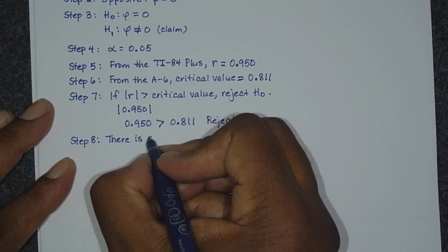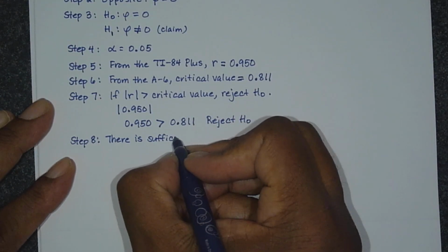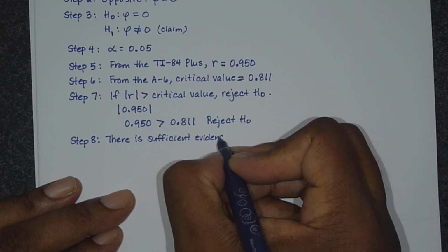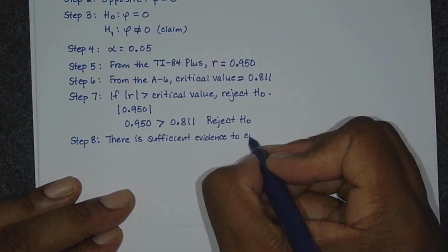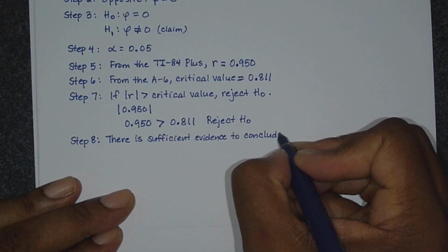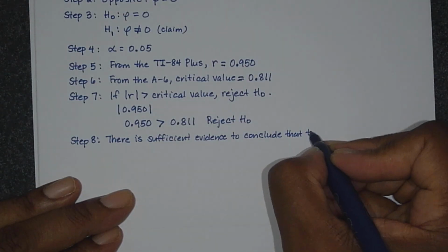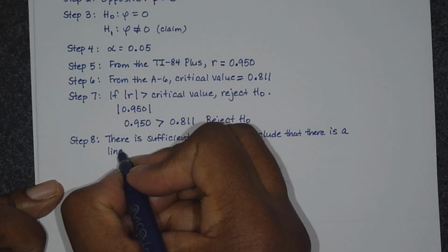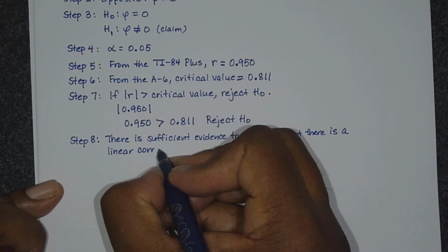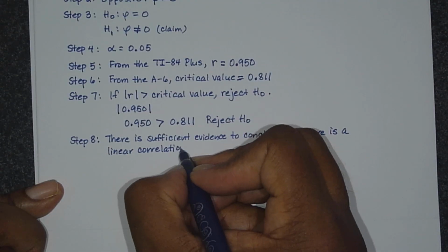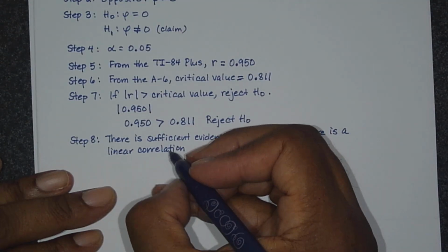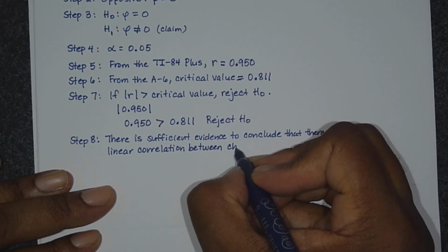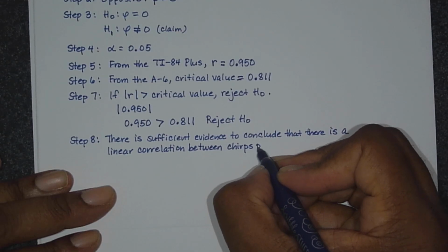So that means that there is sufficient evidence to conclude that there is a linear correlation between chirps per minute and temperature.